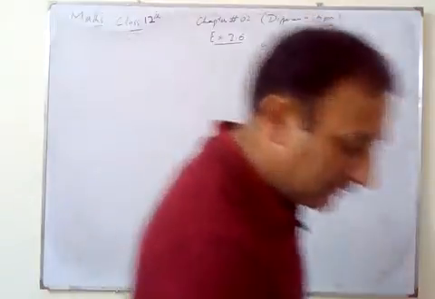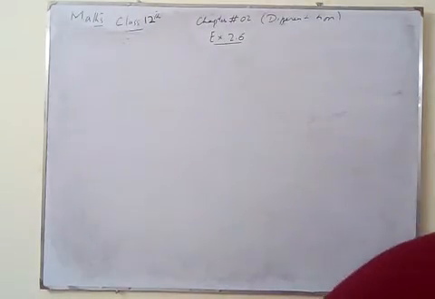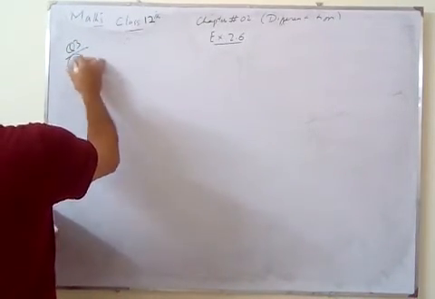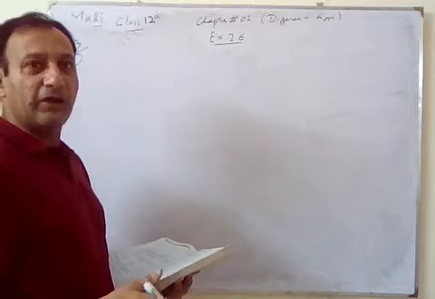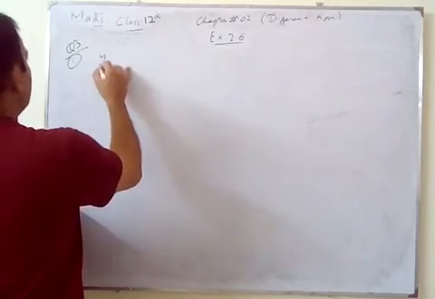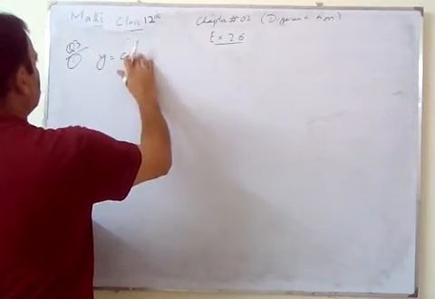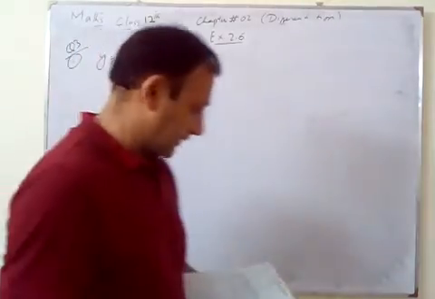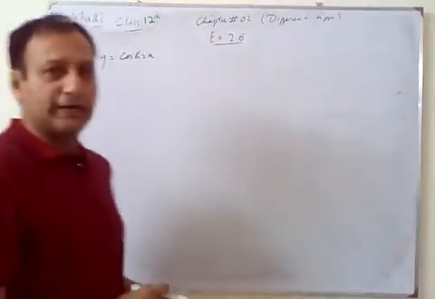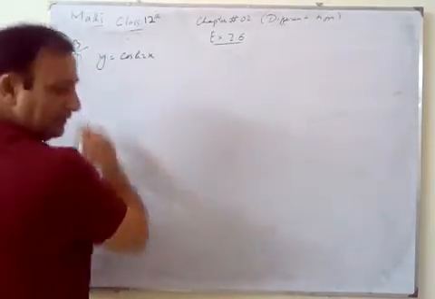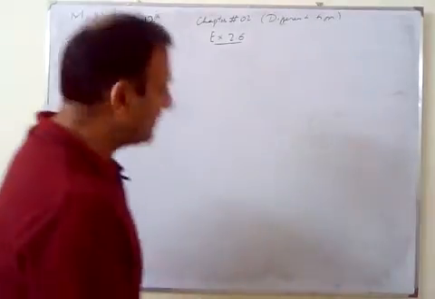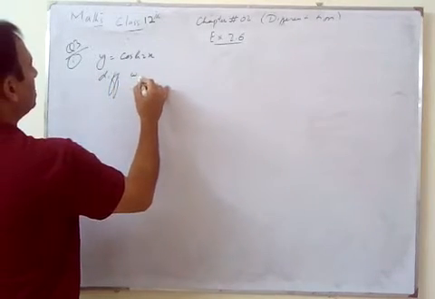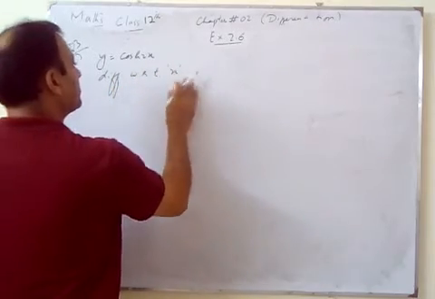Now in question number 3, part 1, again find dy by dx if y is equal to cosh 2x. This question number 3 is related to hyperbolic functions and inverse hyperbolic functions. Differentiate with respect to x.